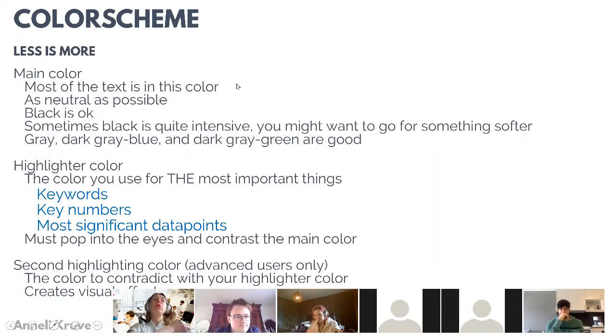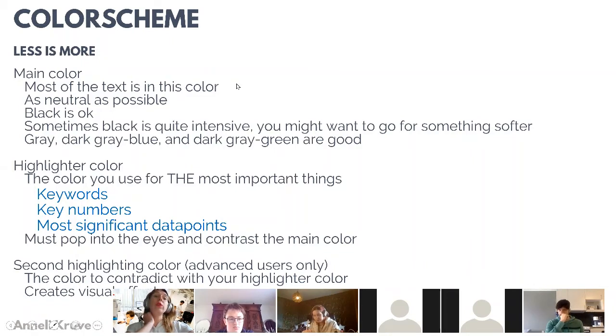Basically, when you start sketching your presentation and you know what your audience is, you know what the message is you want to convey, then you also choose some kind of style. And the style is a lot based on the colors that you have.